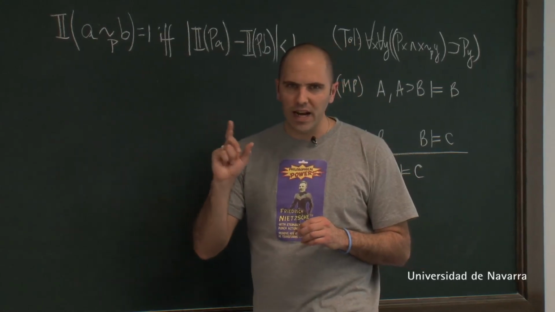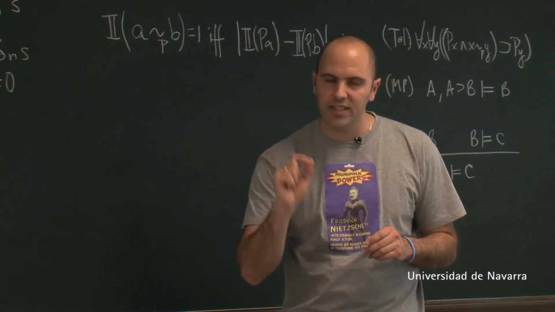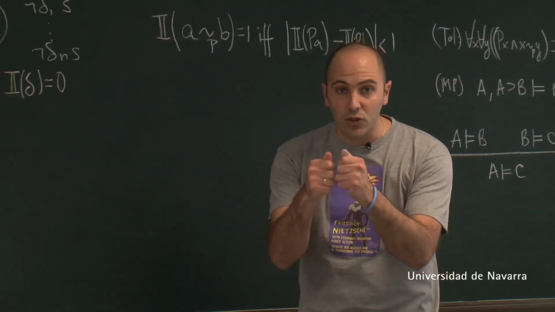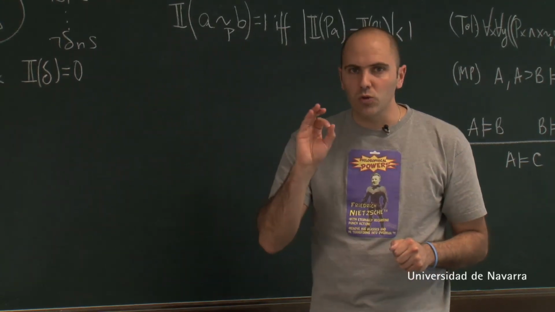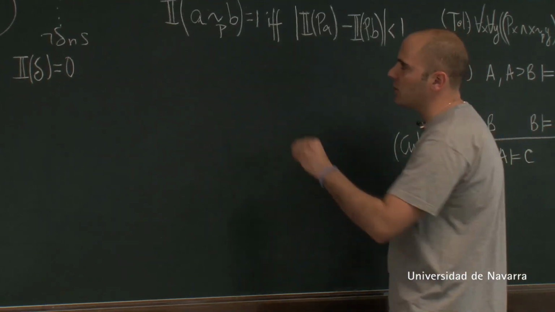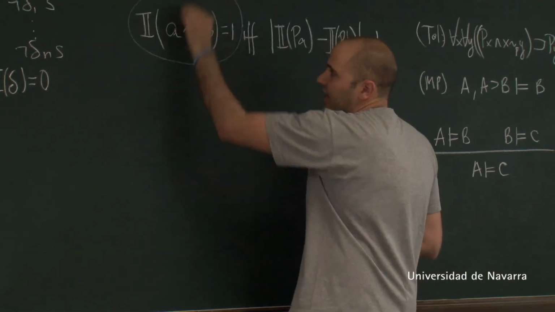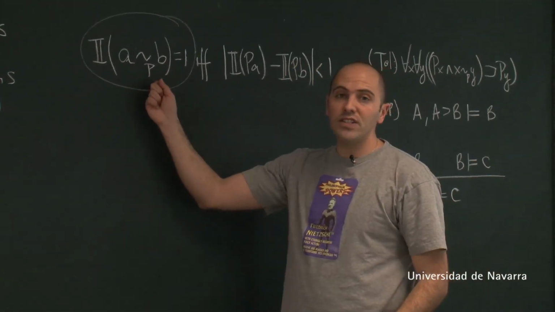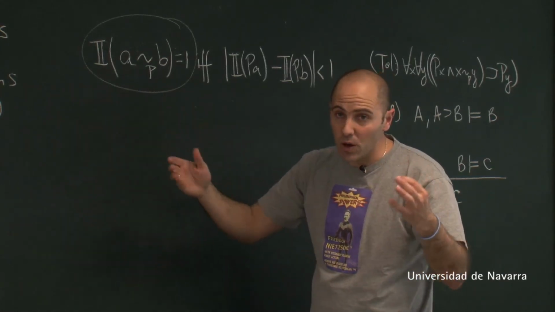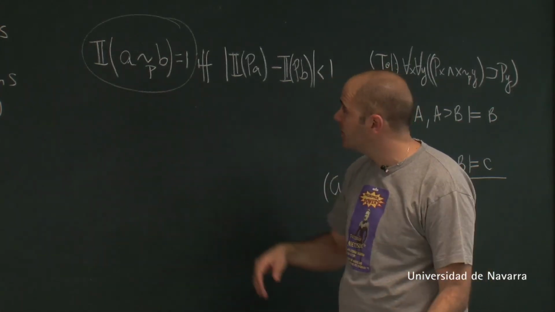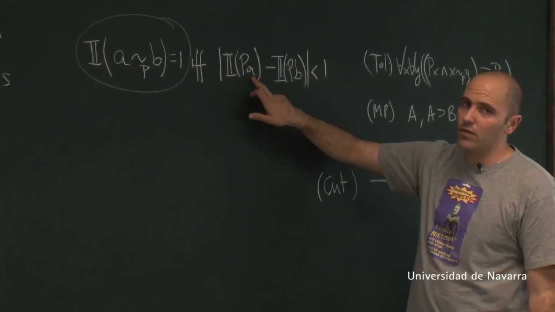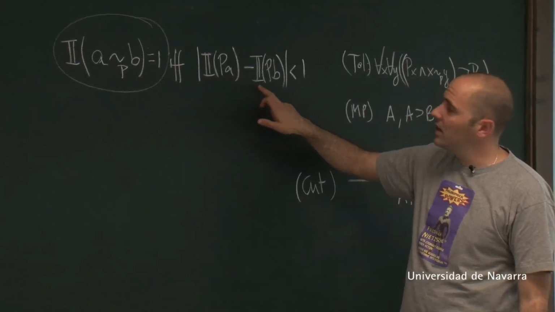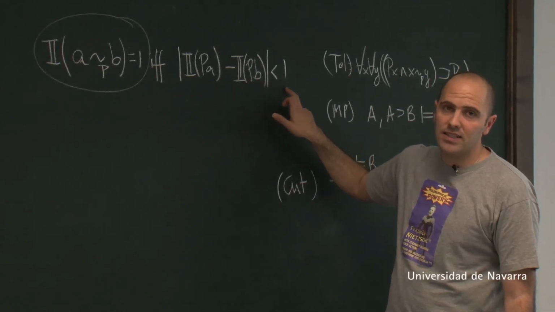These similarity relations will record, for example, in sorites series, that two objects are very close together. One way to give the semantics for these similarity relations is saying that A and B are very similar in relation to a predicate P just in case the absolute difference of the values of the sentences A is P and B is P is less than 1.